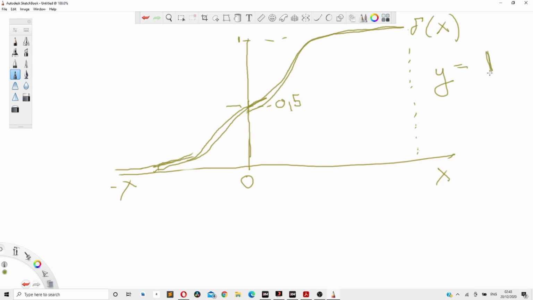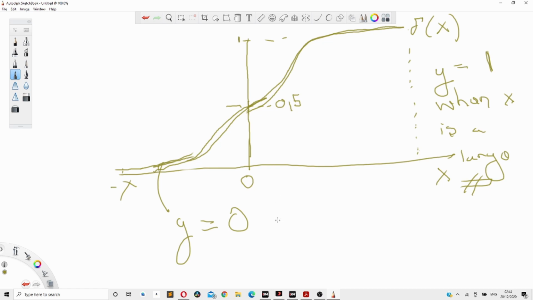And y is equal to 0 when x is a small number. So this is the sketch diagram of the sigmoid function.